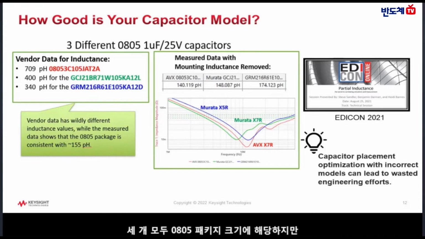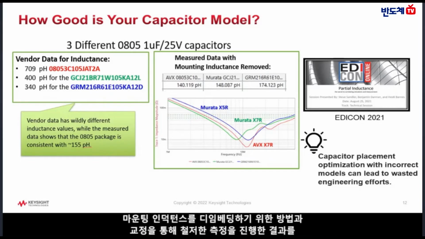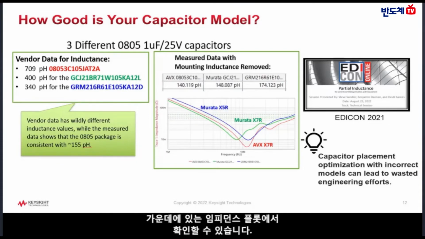They are all 0805 package sizes, but the vendor data indicated that the AVX X7R had 709 picohenries of ESL, while the Murata capacitors were much lower at 400 and 340 picohenries. Careful measurement with calibration and methods to de-embed the mounting inductance resulted in the impedance plot shown in the middle.